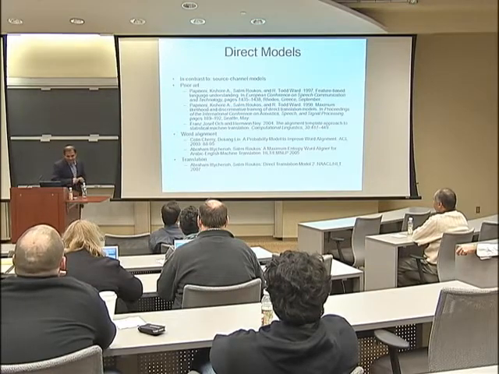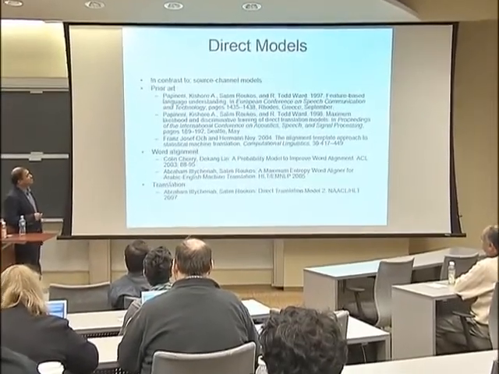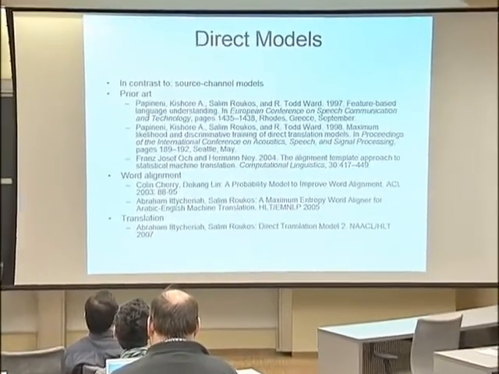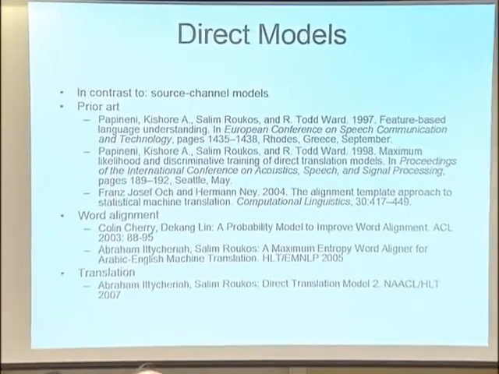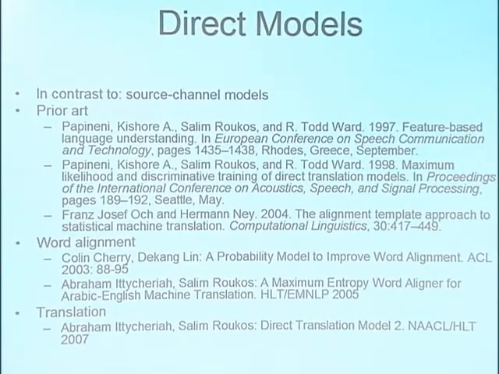Okay, so direct models, like I said, there's a lot of history to this work, and it's in contrast to the source channel models in translation. So the prior art: Kishore, in 1997 and 1998, almost 10 years ago, published these two papers in the DARPA Communicator days, translating between spoken requests and database queries. He already used direct translation phrases.